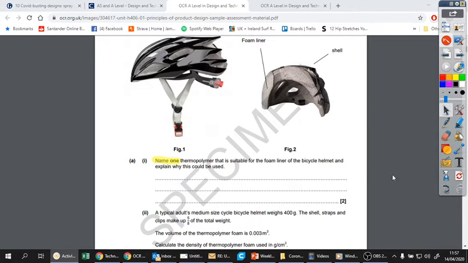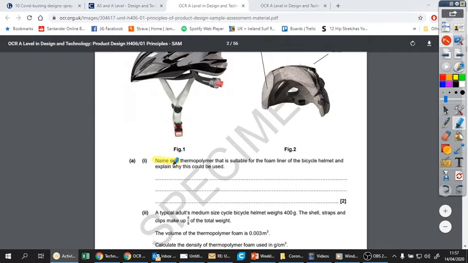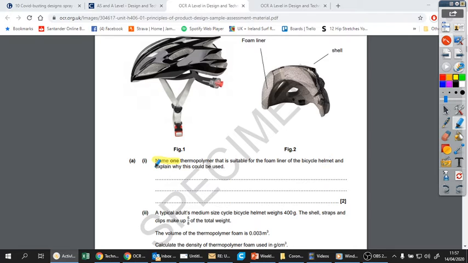But if you've read the question correctly, name one thermopolymer and explain why it's going to be used. Even if you've done the revision and worked out what plastic you needed, as long as you could explain why that plastic was expanded, so that basically it reduces the amount of force, you'd have got the mark.